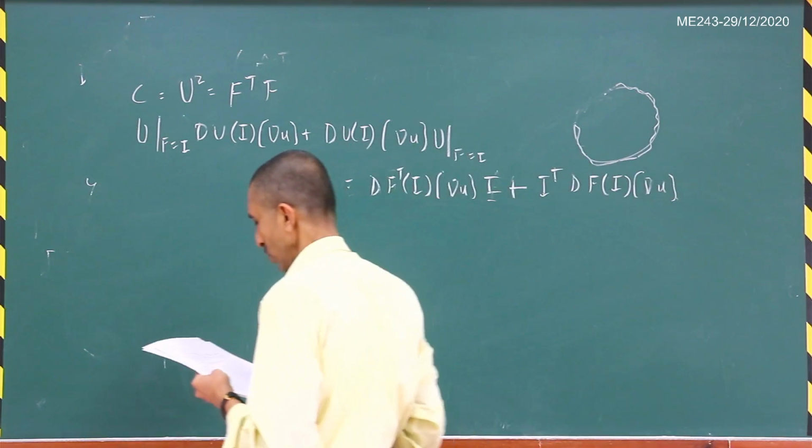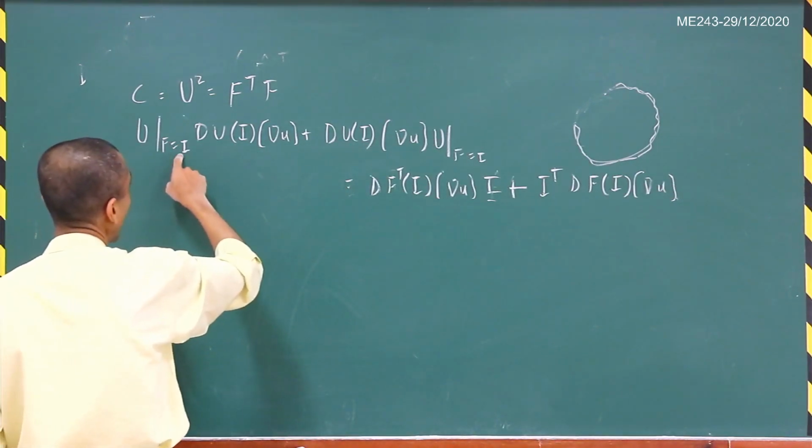And so U at F = identity will be identity.